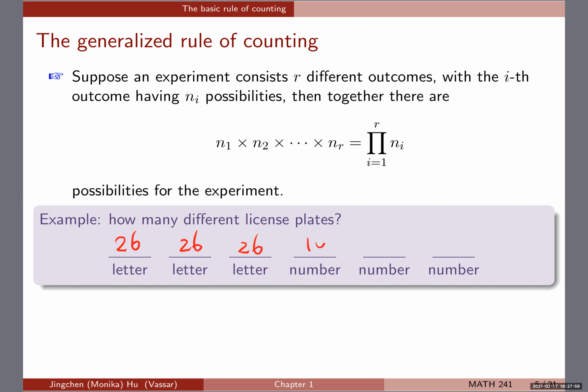So it's going to be 10, 10, and 10 here. Okay. And this is just writing out the number of possibilities for each outcome. And then in the end, because we're trying to answer the question of how many different license plates are out there, you are taking the product of all of them. So just multiply all of them together, which will give you a really large number here.